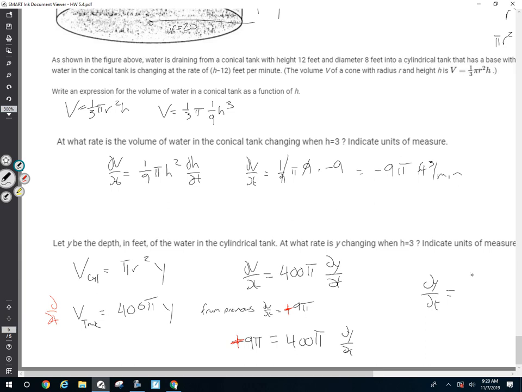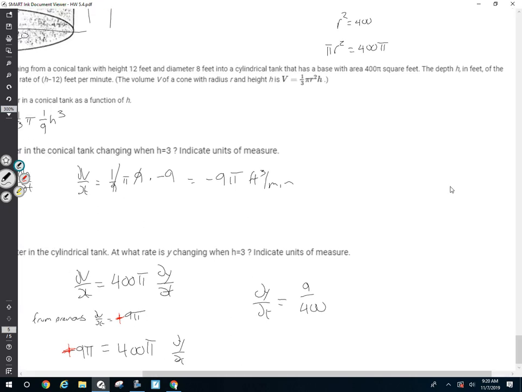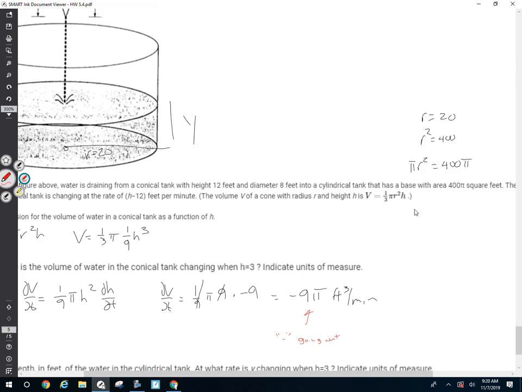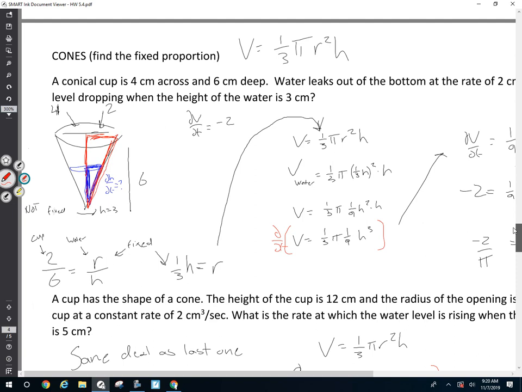I'll get 9 over 400, which I'm sure can be simplified. Nope, never mind, that's good. That's going to be in feet per minute. All right, good job if you tried all these out. Those are calculus word problems.